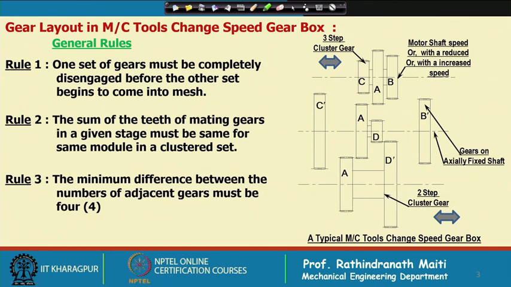Third rule is that the minimum difference between the number of teeth of adjacent gears must be 4.